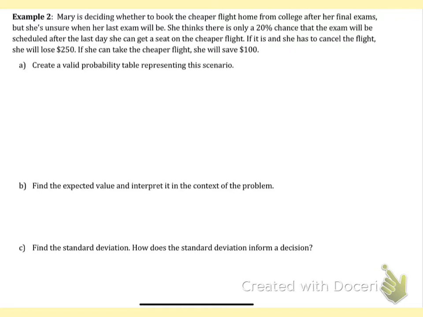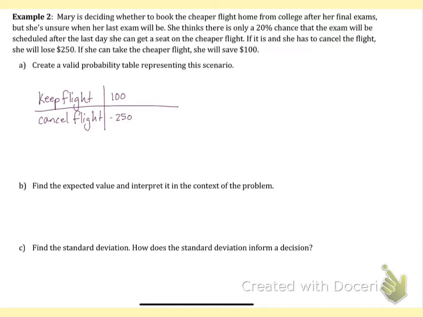So she, like I said, is either going to keep the flight or she's going to have to cancel the flight. If she can keep the flight, she will save $100. She'll gain $100. But if she has to cancel the flight, she will lose $250.